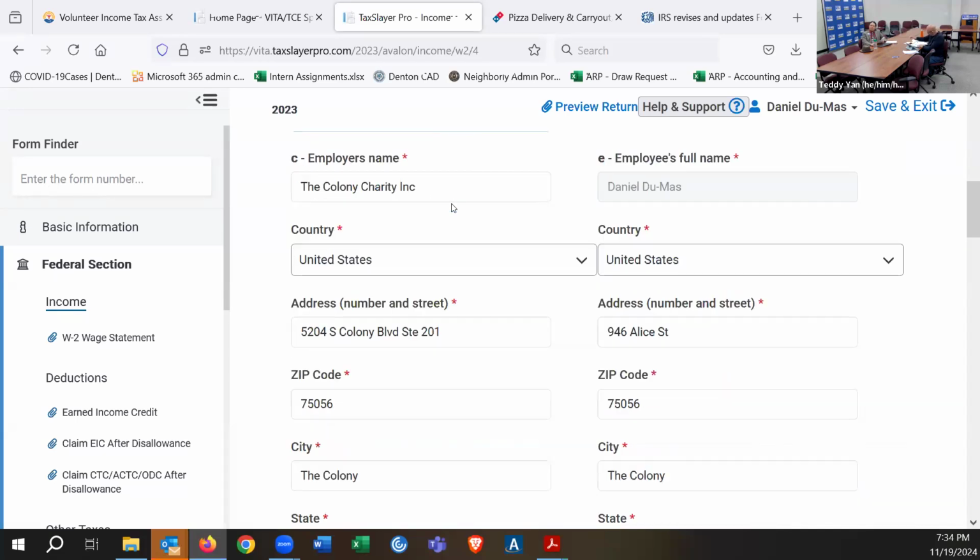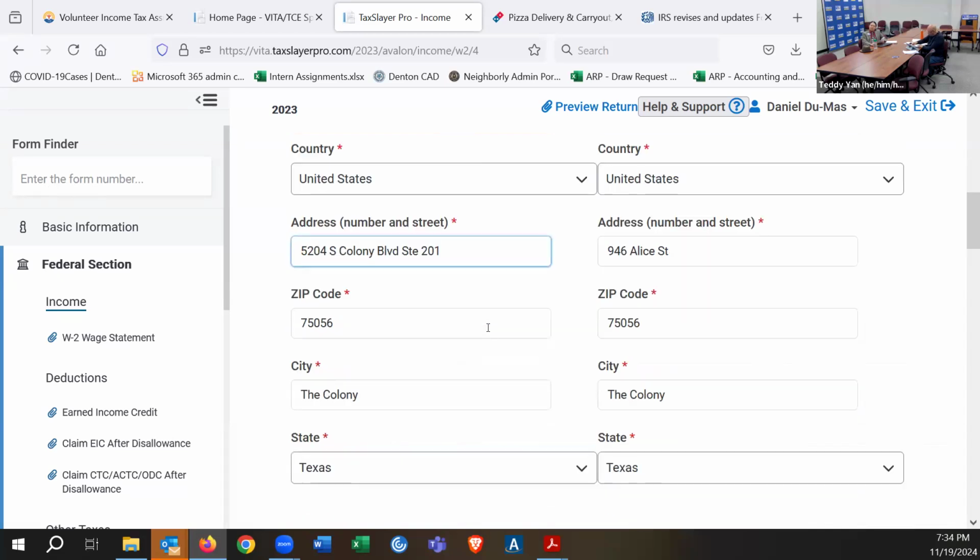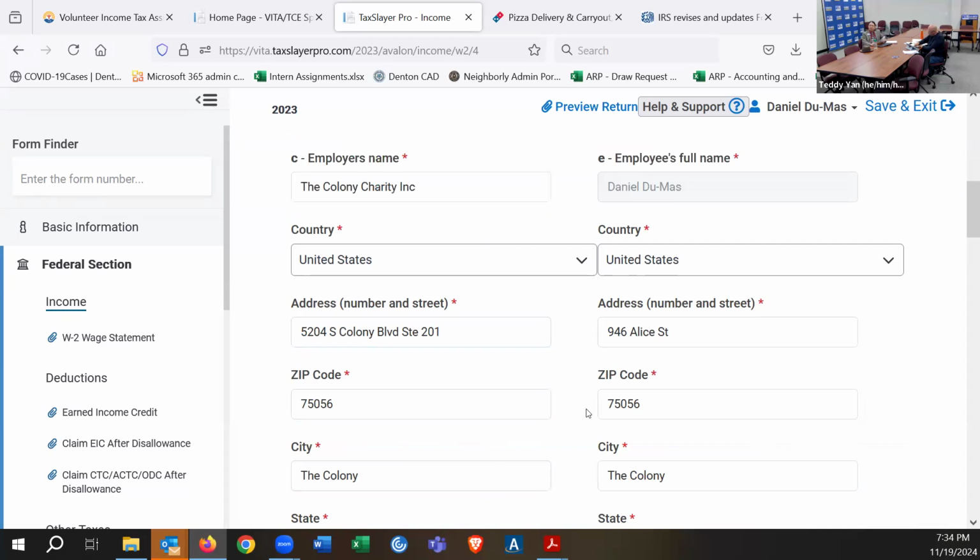So we have employer identification number, employer's name, employer's address, zip code, city, and state. Again, no tricks on this one. Employee's full name. We are unable to correct the name to how the W-2 shows it, but we are doing everything we can to make the W-2 match as closely as we can.